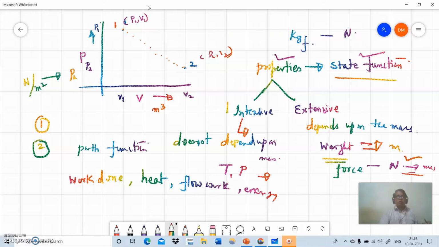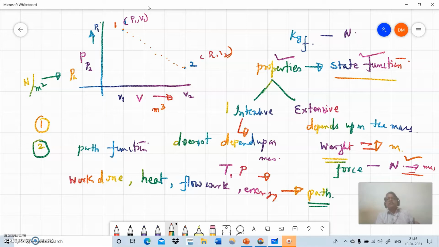Energy, it may be entropy, enthalpy, internal energy. So work done, heat, flow work, this energy, these depend upon the path. The path followed by the states. Each successive state, if you join them, that becomes a path.